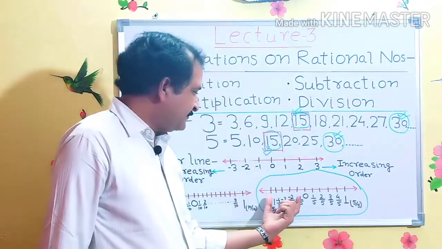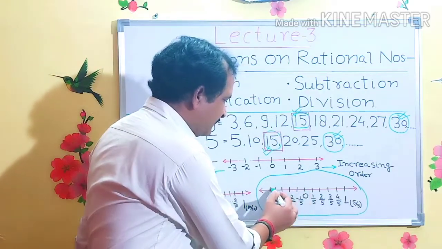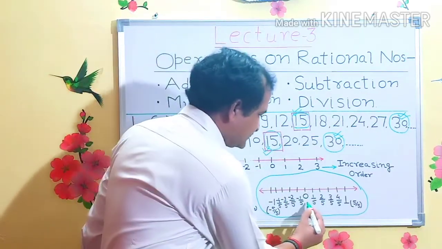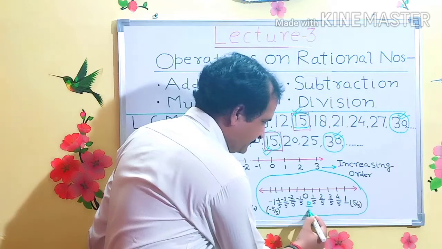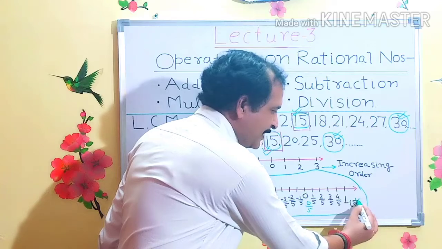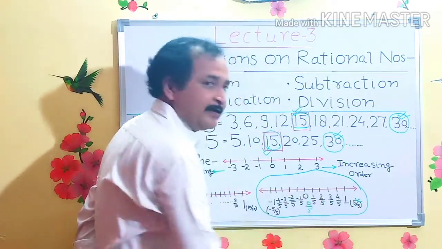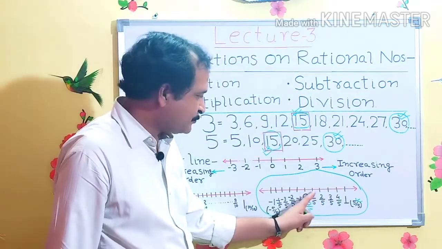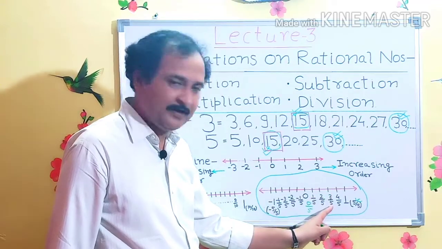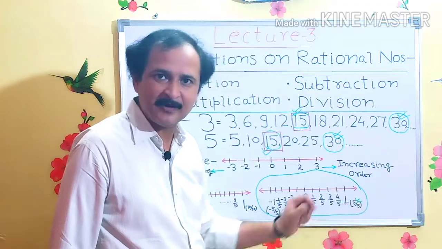Similarly, between minus 1 and 0, again the whole zone is divided into 5 equal parts. 0 can be written as 0 upon 5 and 1 can be written as 5 upon 5. Then these points can be indicated as first point 1 by 5, second point 2 by 5, third point 3 by 5, fourth point 4 by 5 and 1 can be written as 5 by 5.